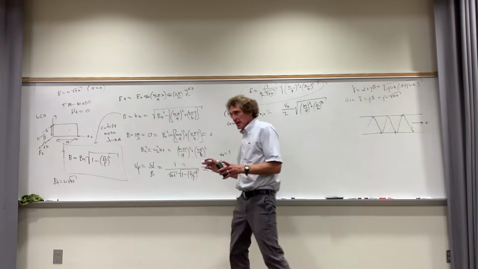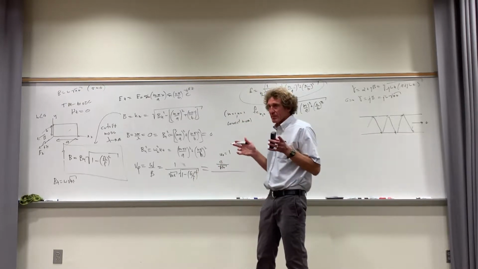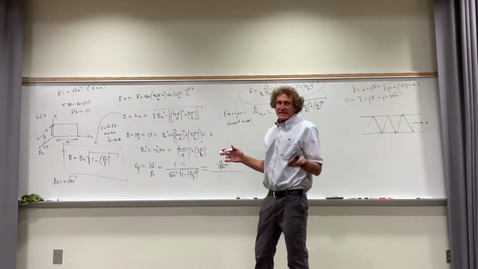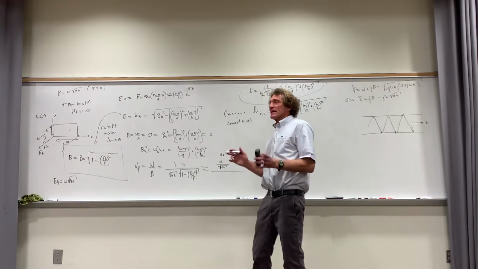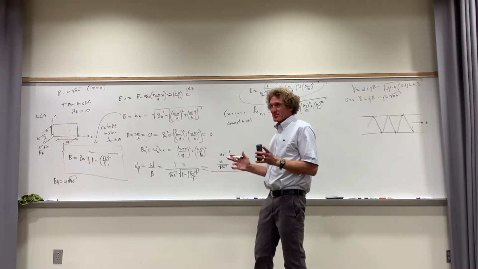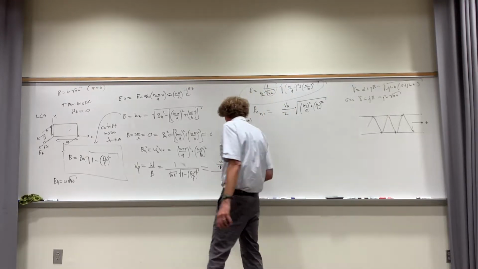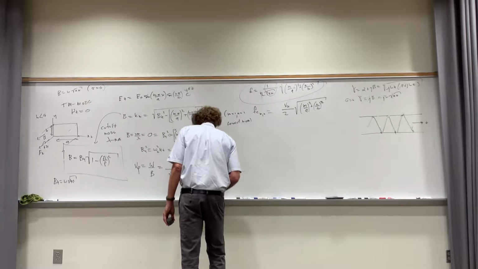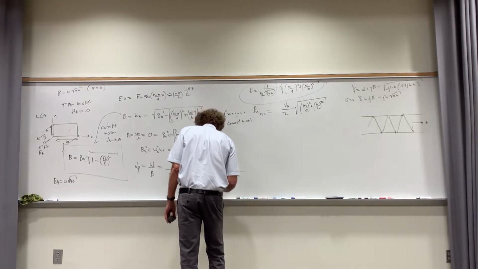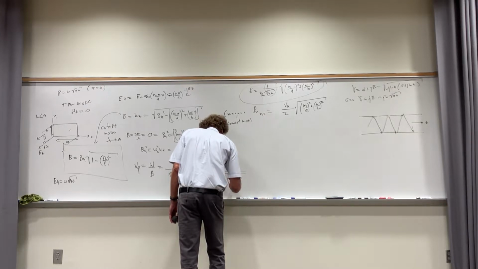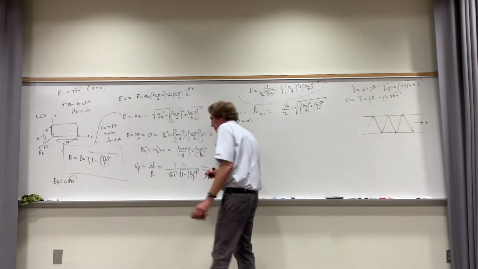I cannot think of a case when you would have a piece of magnetic material in a waveguide. Maybe I can think of a case, but it's very specialized and would have to do with filtering. But for now, we're going to assume mu relative is 1. So it's c, 3 times 10 to the 8th, over the square root of epsilon relative, and then it's equal to the square root of 1 minus FC over F squared. Does everybody see that?